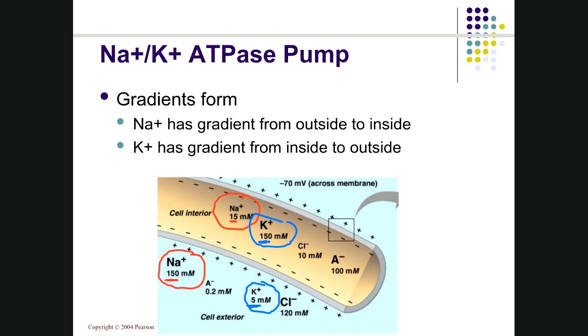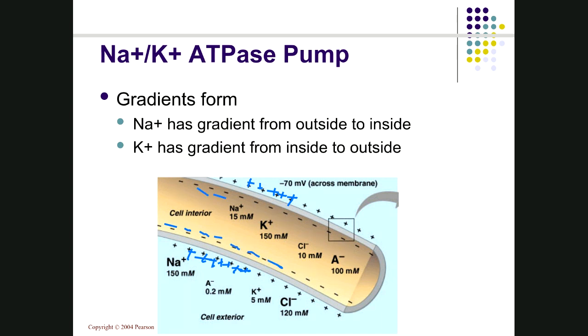And then look at this. Not only are there differences in sodium and potassium concentration, look, the outside is positive. All the way around, it's positive. The outside is more positive, and the inside is more negative.